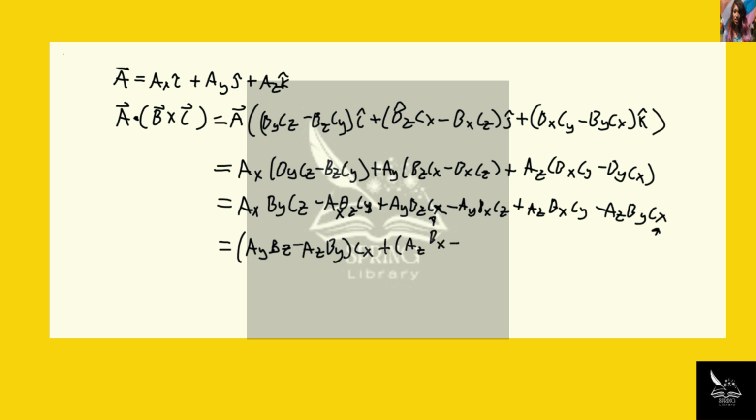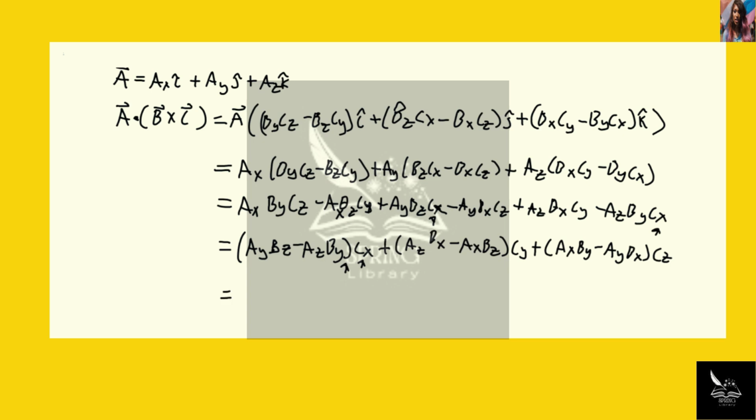AZ BX minus AX BZ times CY. Finally, AX BY minus AY BX times CZ. And we can see this as the dot product of A cross B and C. All right, so this is the ith component of C. This is the ith component of A cross B. And that's the same for the jth component and the k component.